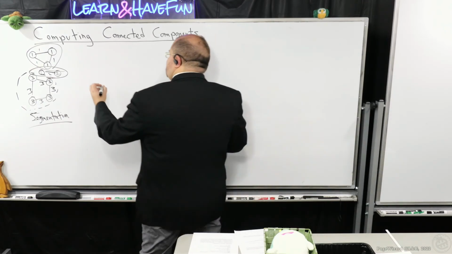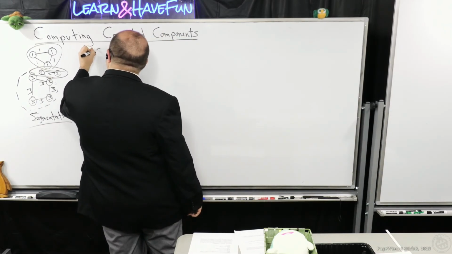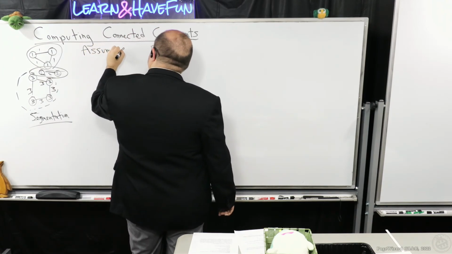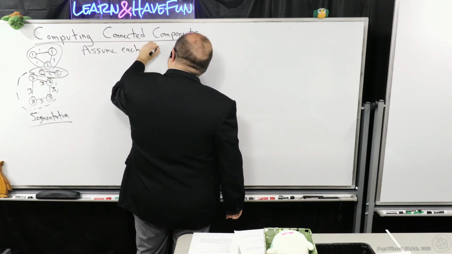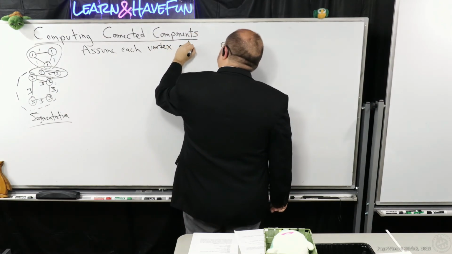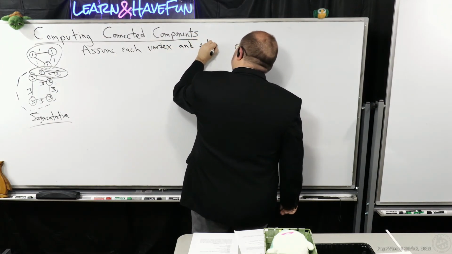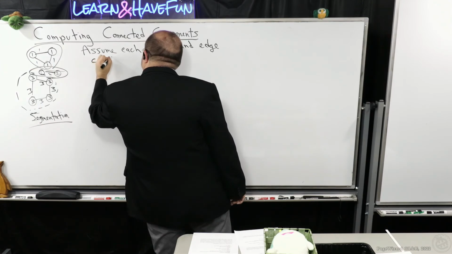So let's assume each vertex and edge can be numbered.